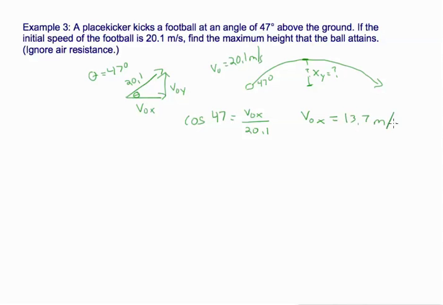And in the y direction, we can do the sine of theta is equal to opposite over hypotenuse, and we can get the initial velocity in the y direction is 14.7. So now we can list what we know in the x direction and in the y direction.